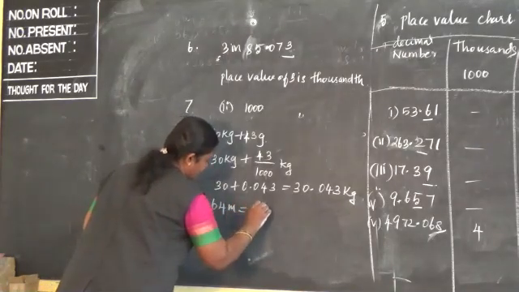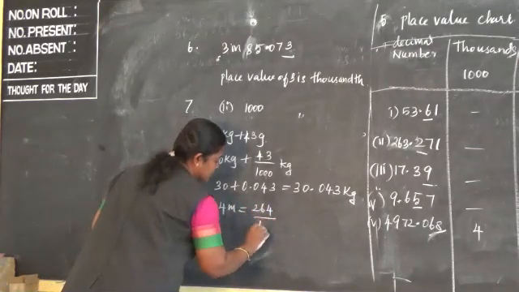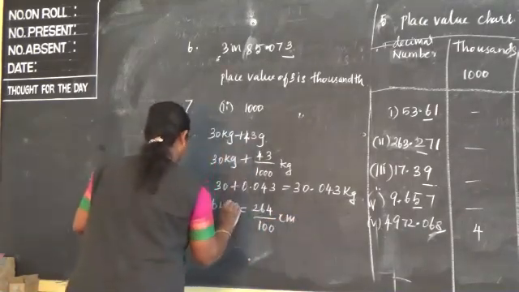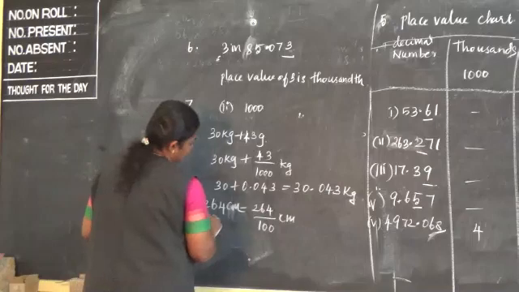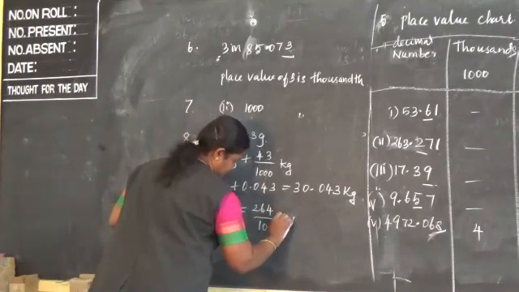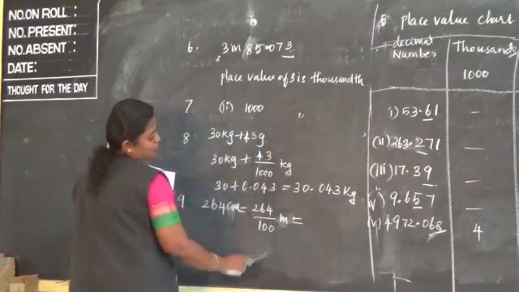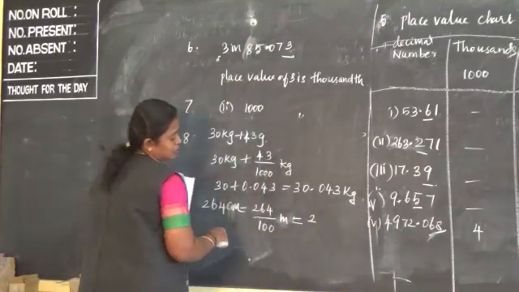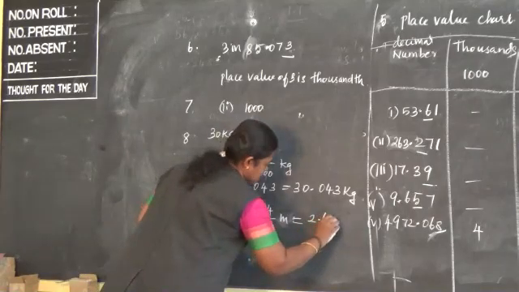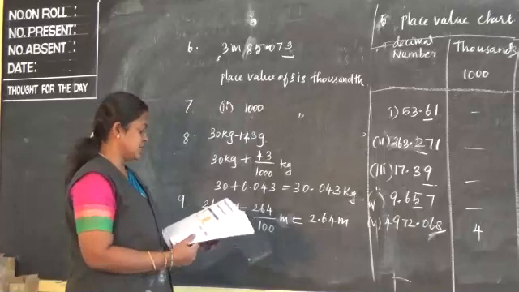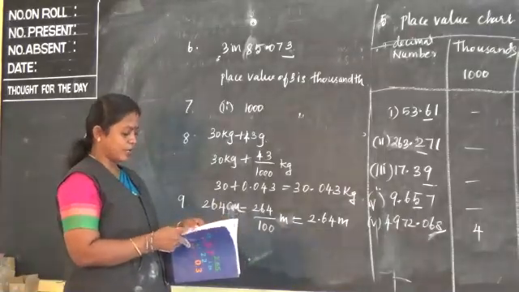So 264 centimeter equals 264 by 100 meter. Here 2 zeros were there. So how many decimal places you should move? 2.64 meter. That's all your exercise number 1.1.